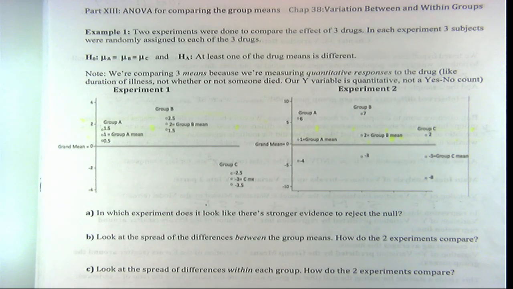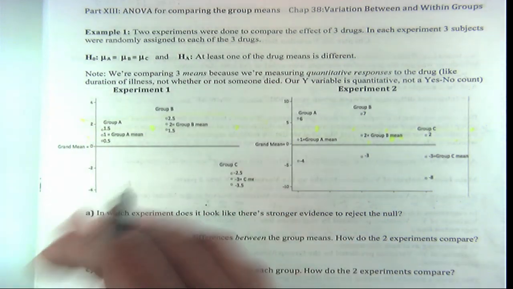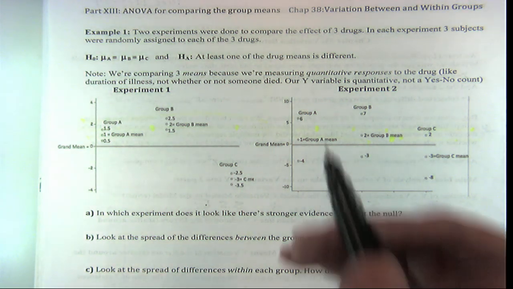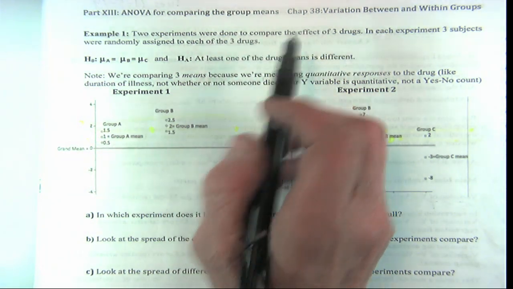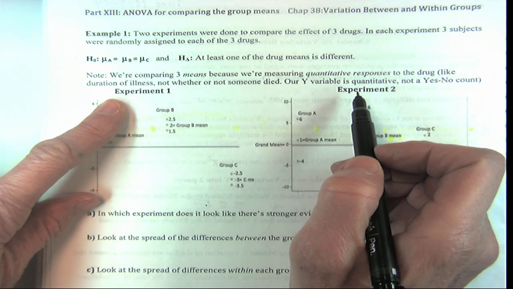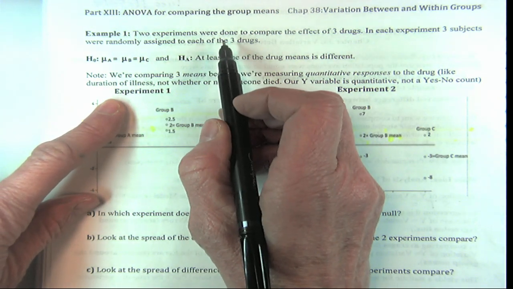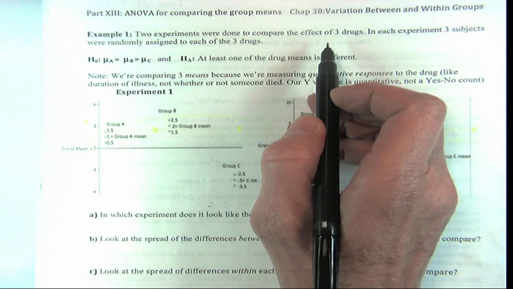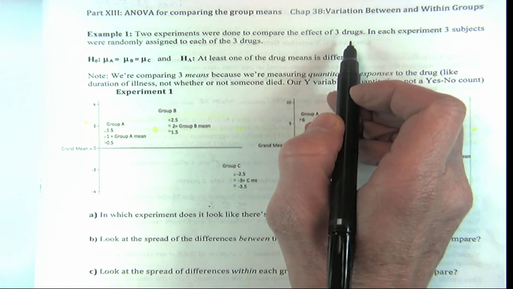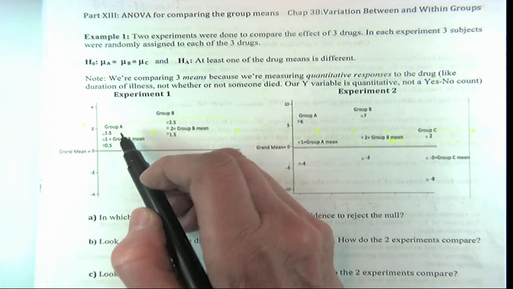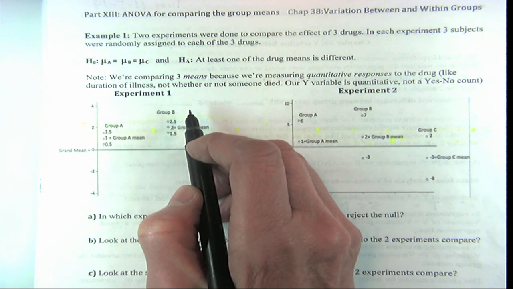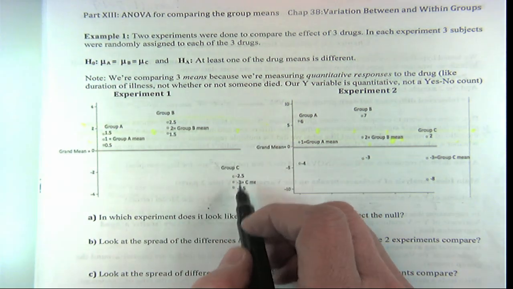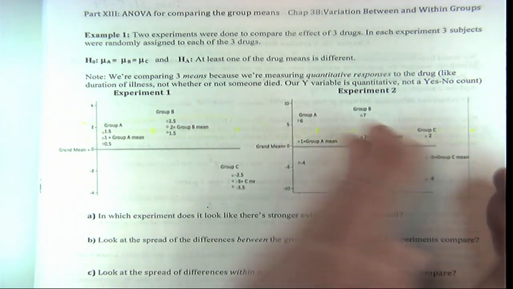Imagine that we did an experiment, two experiments were done. This is experiment 1 and experiment 2, okay? And they were done to compare the effect of 3 drugs. Drug A was given to group A, drug B was given to group B, and drug C was given to group C in both experiments.